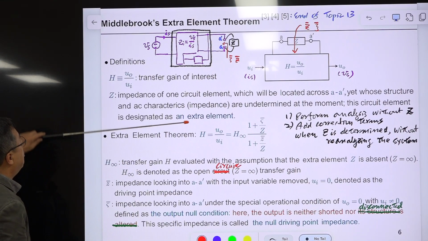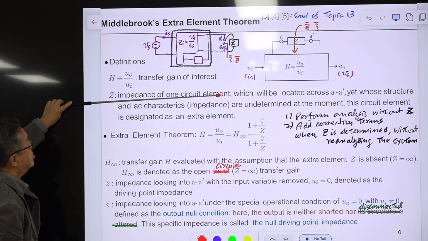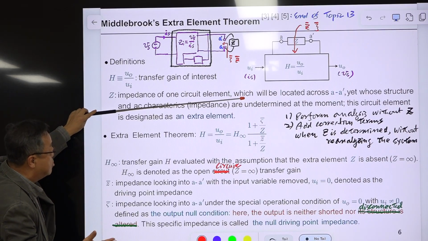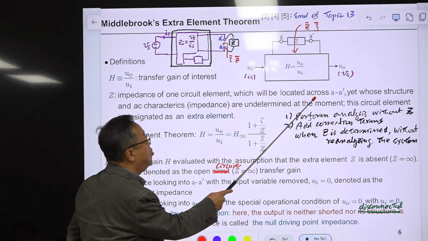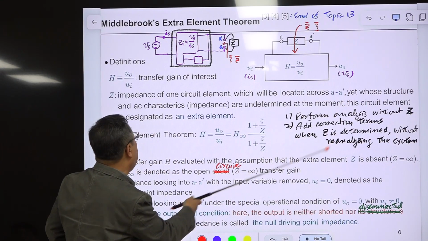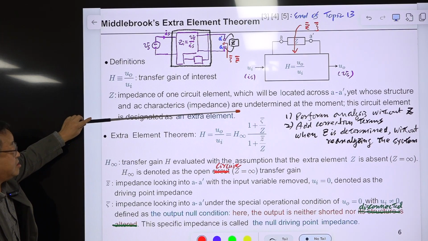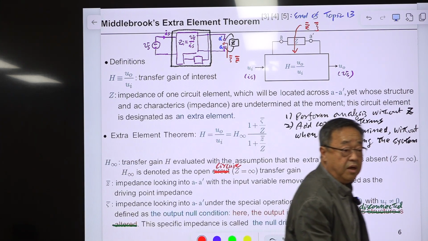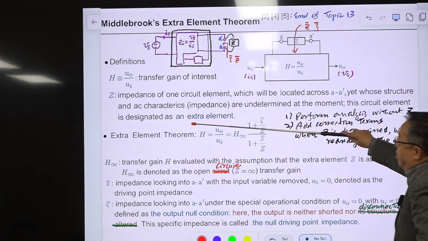Okay, so this is the transfer gain of our interest, and G is one circuit element, the impedance of one circuit element, which will be placed across A to A prime, but the structure and AC characteristics, the input impedance characteristics, are unknown or undetermined at this moment, and we define this as an extra element.